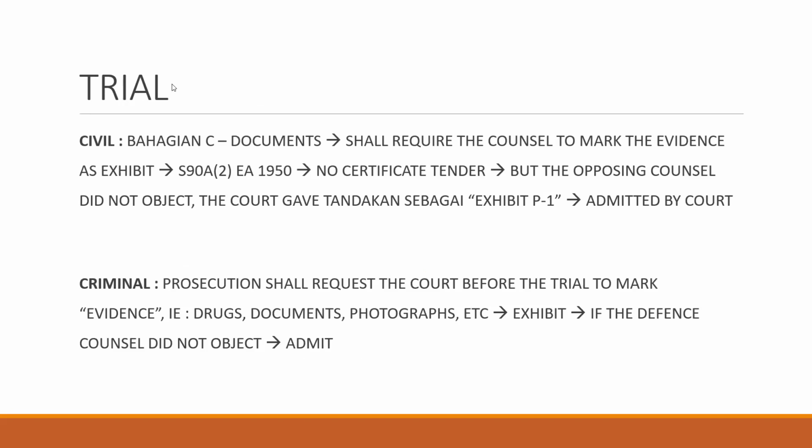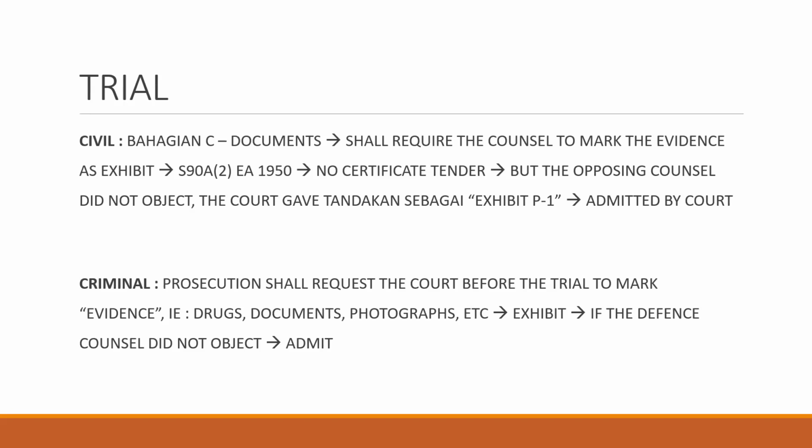Take for example, in a civil trial we have bundles of documents. Some are marked in bundle A. That means all people agree with the content, and A is the happy one. No need to go for trial, I mean to say no dispute. B is the one where the content is disputed, but the authenticity of the document is not disputed. That means the maker shall be exempted from attending court, to save cost and time.